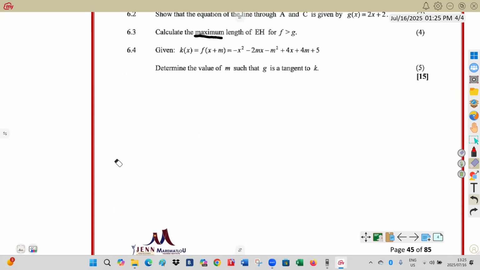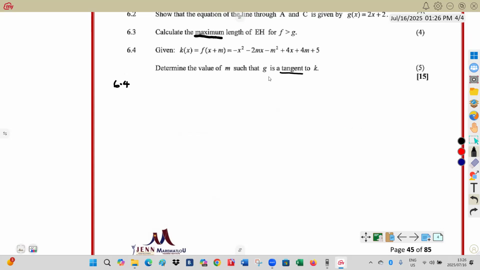So now we are on question 6.4. They said for which this is a tangent.